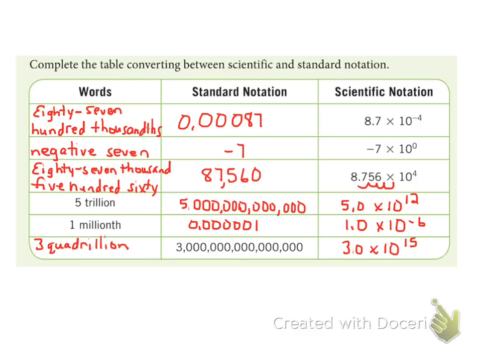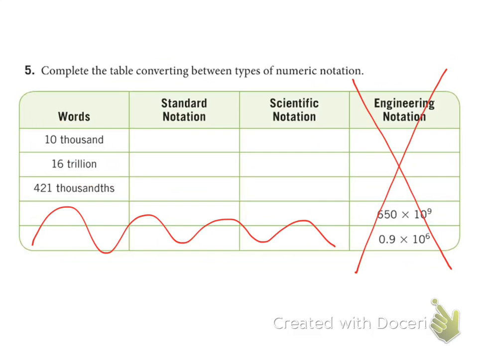Top 3 rows. 10,000, 16 trillion, 421 thousandths. So 10,000 in standard notation would look like that. How about scientific notation? 1 times 10 to the 4th. Okay, 16 trillion. You would have 16 and then you have 9 zeros afterwards.